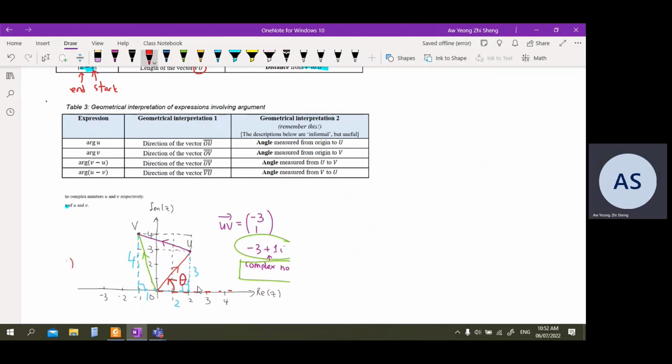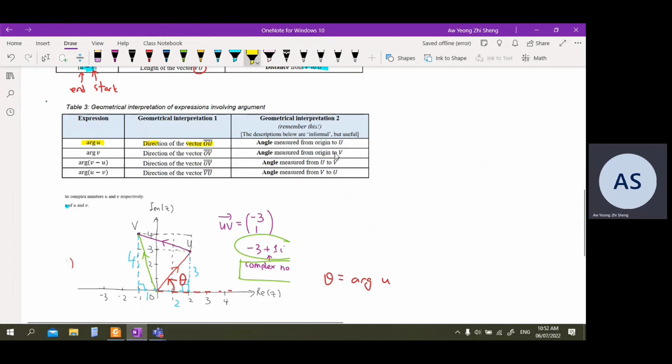So this theta gives me the argument of u. It tells us the direction of the vector OU as measured from the positive x direction.